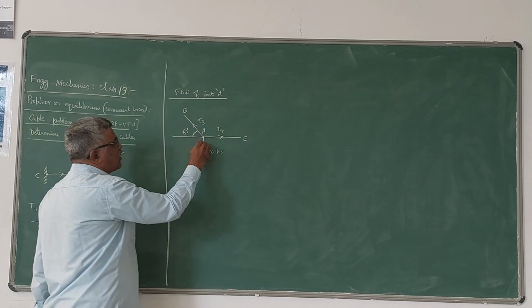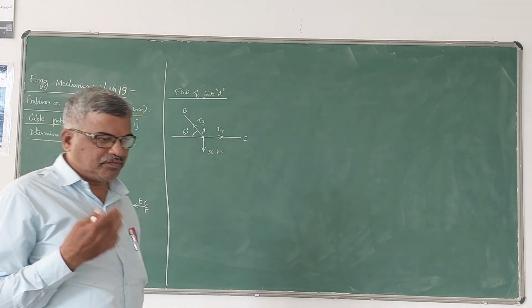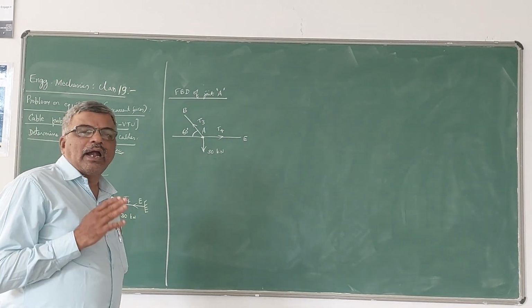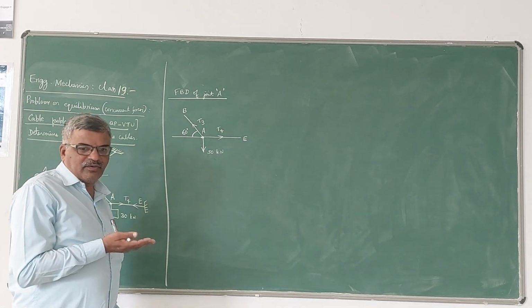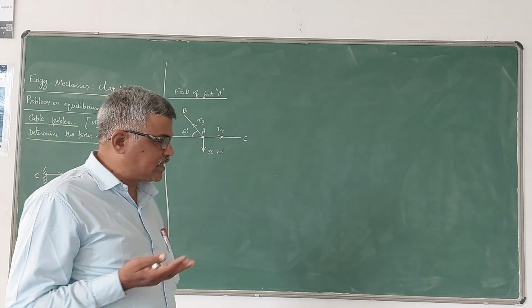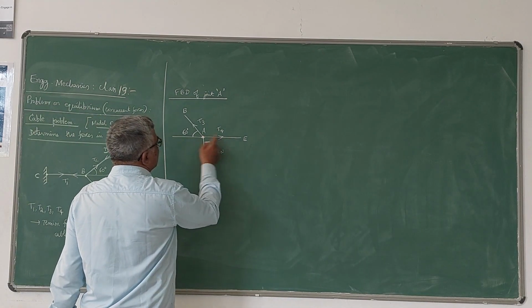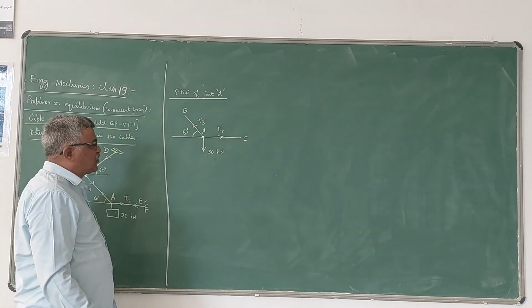Now this is the free body diagram of joint A. Free body diagram means you have to draw the forces acting on that body, and also the weights applied there and the reactions. Here that body is nothing but this joint A, and T3, T4 are the unknown forces here.